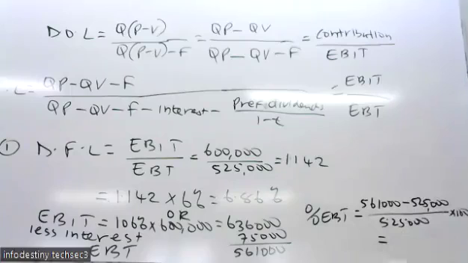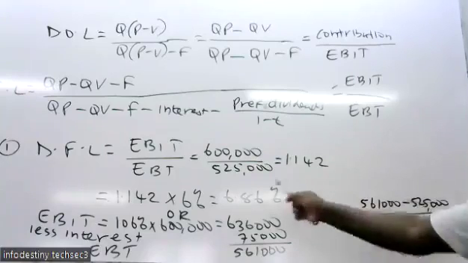Take this, divide by that. It is still meant to be 6.8. So it is the same thing.